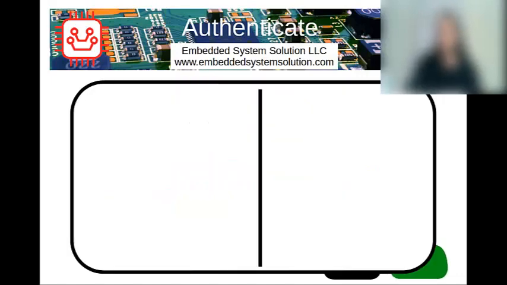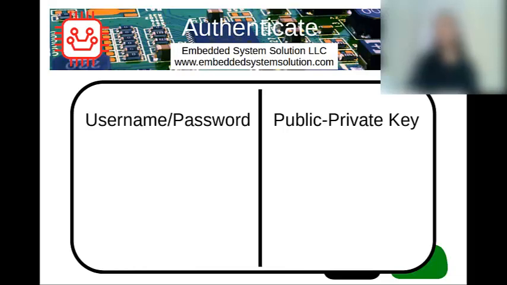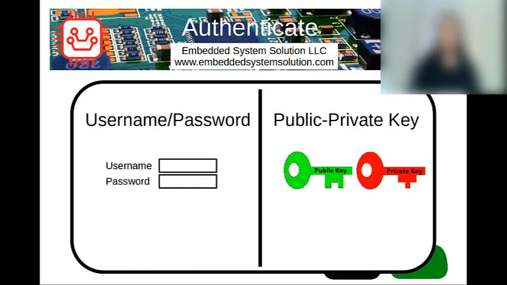And so when it comes to SSH authentication, there's two methods, and each method has a pro and a con, right? I've seen threads where they try to discuss why one is better than the other one. So I'm going to talk about the pros and the cons of each method. As you can imagine, with username and password, you're literally entering your username and your password to authenticate, to gain access to the remote computer and be able to remotely log in.